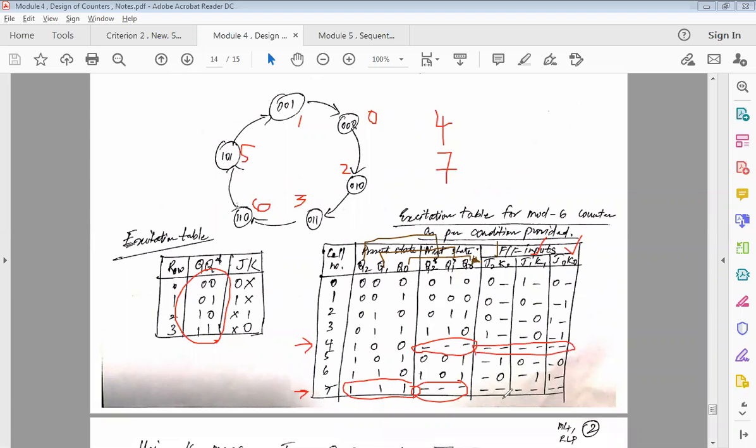My J2, K2 also will be don't care, because I don't have that combination. Since I don't have that combination, my outputs are also neglected. Which means this state is not at all considered. So these entries you can put in your K-map.